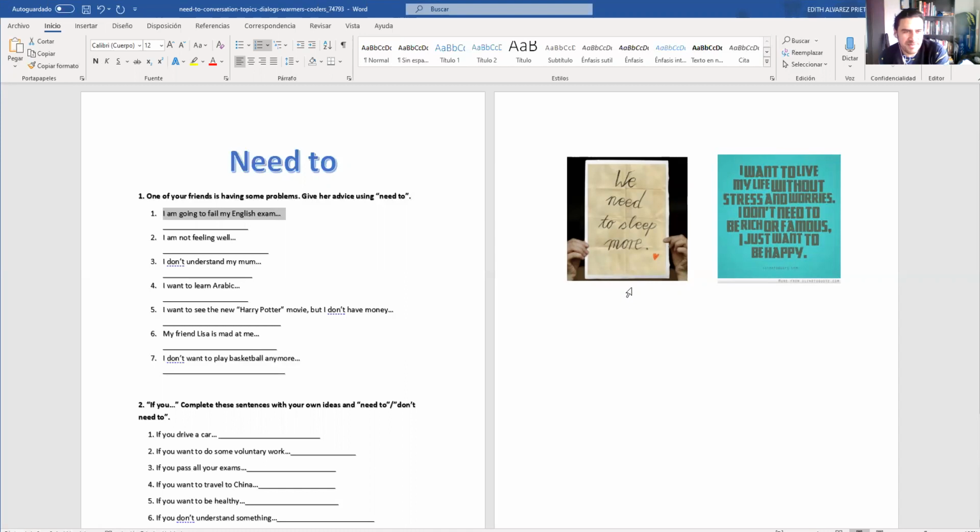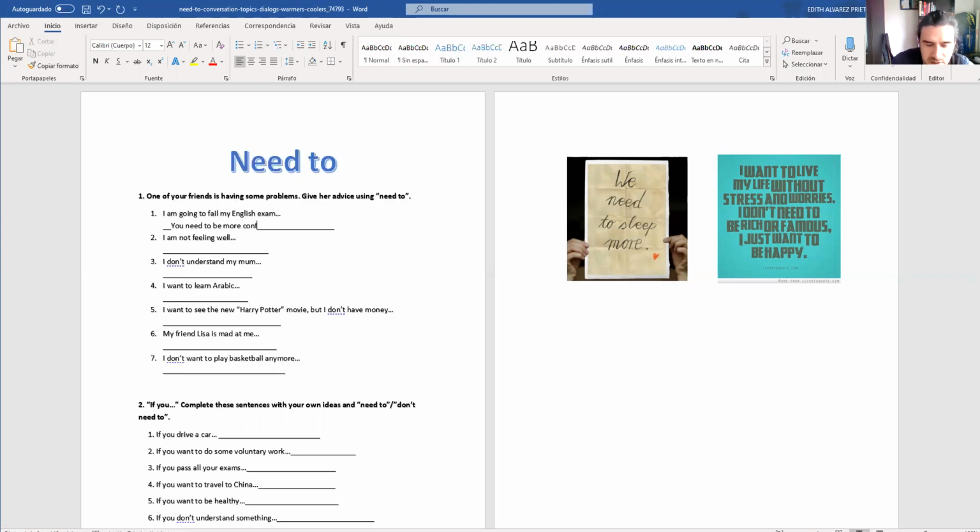Voy a perder mi examen en inglés, entonces ustedes aconsejen a ella para que no pierda ese examen. Entonces, you need to, no sé, necesitas repasar, o necesitas estar más segura, you need to be more confident.